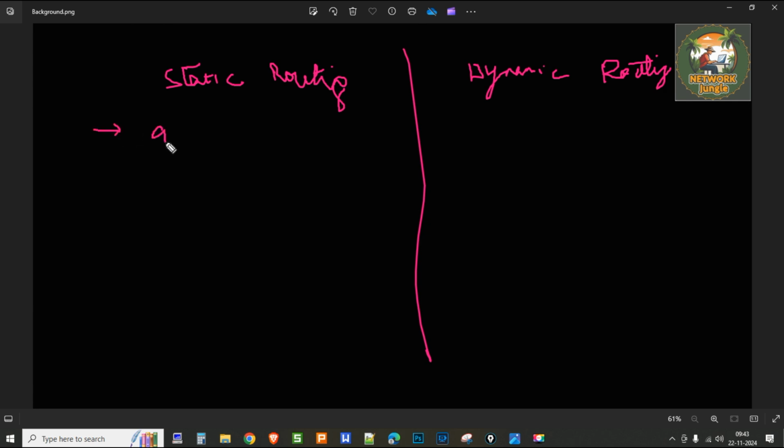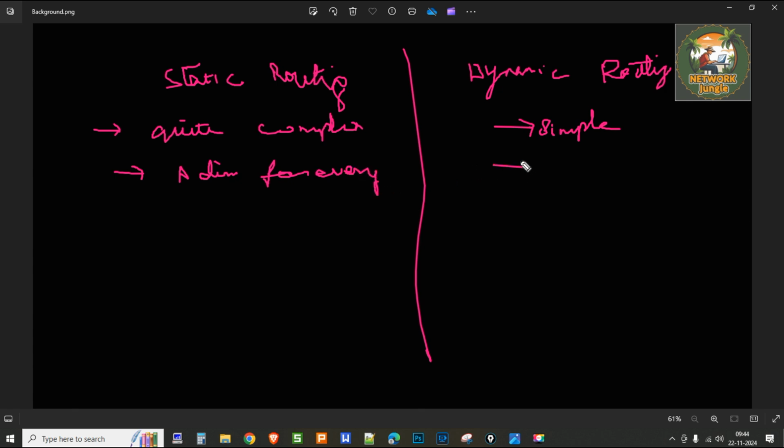Configuration is quite complicated in static routing. It is simple in dynamic routing. The second one is topology changes. If the topology is added, then the administrator needs to add the routing information in every router. If it is two routers, we can easily manage. For more than two routers, it is quite complicated.